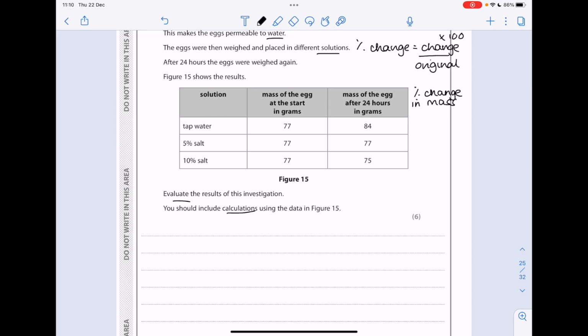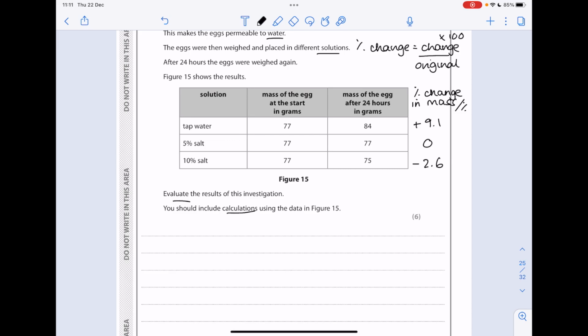So we do 7 divided by 77 times by 100. So it's gone up by 9.1%. This one is unchanged. This one's gone down by 2. So we do 2 divided by 77 times by 100. So it's gone down minus 2.6%.